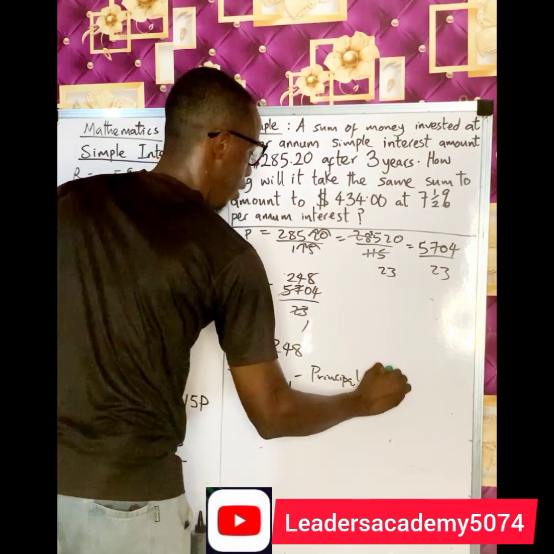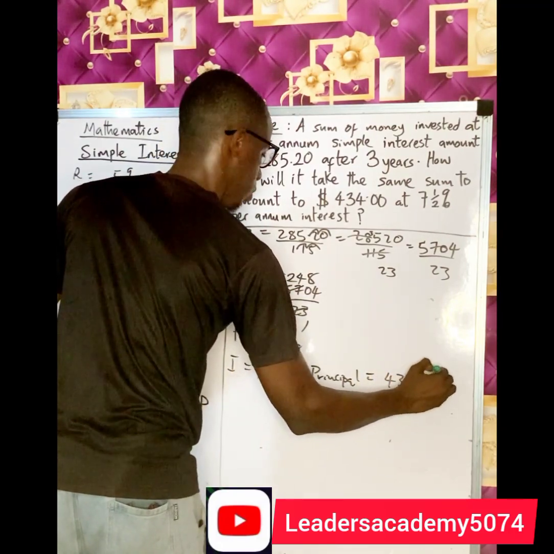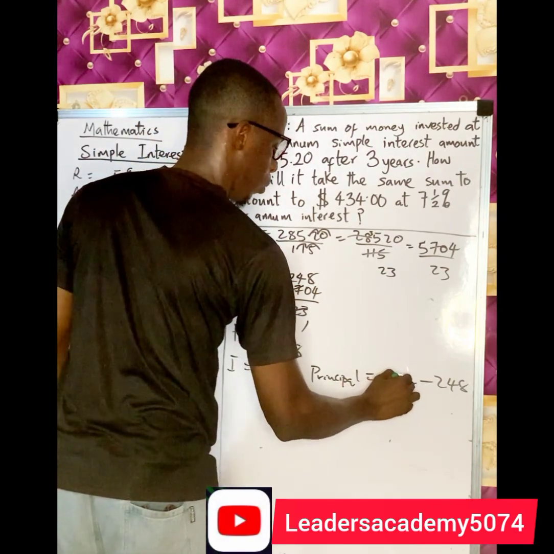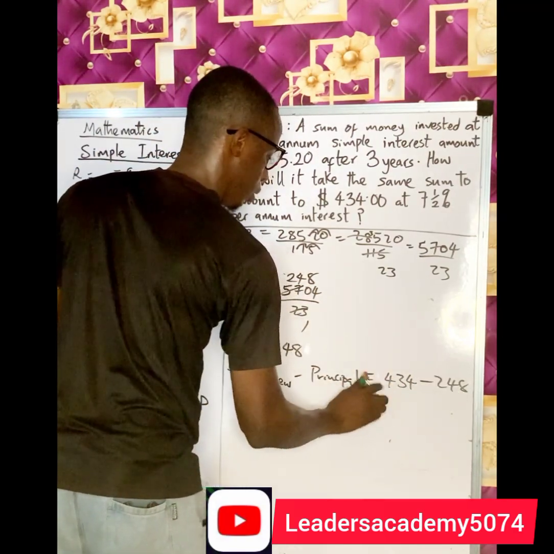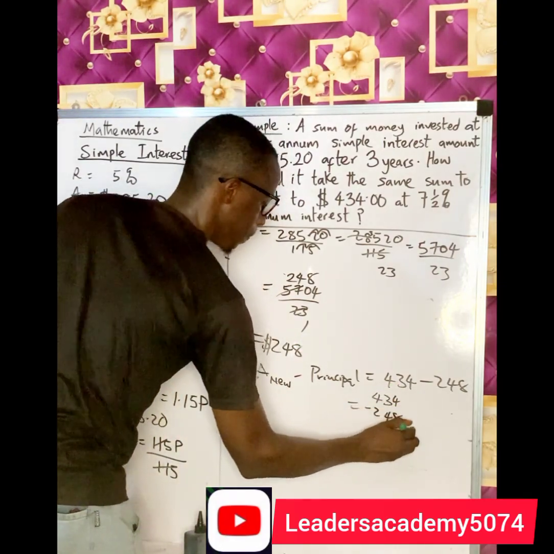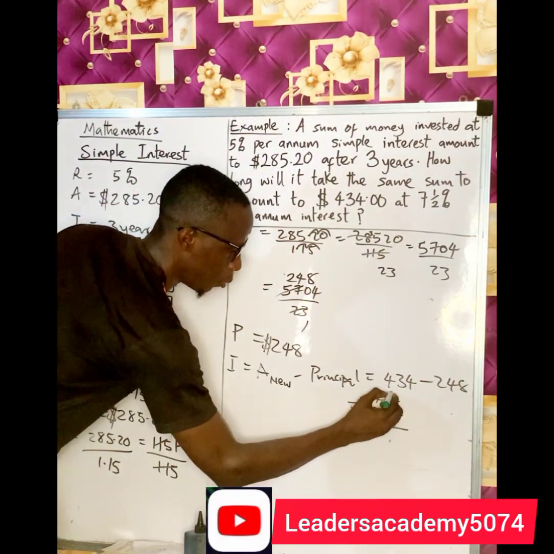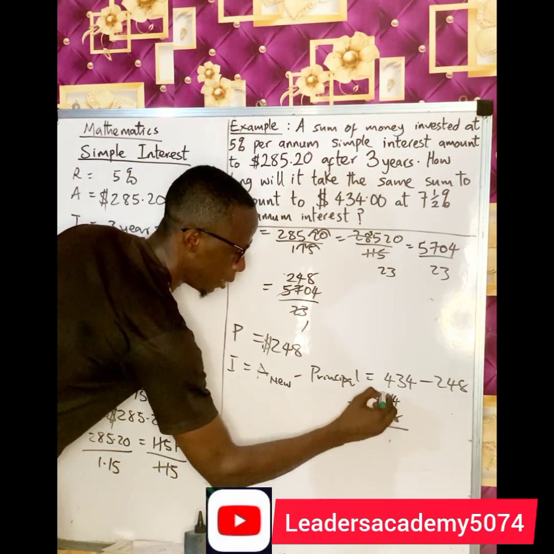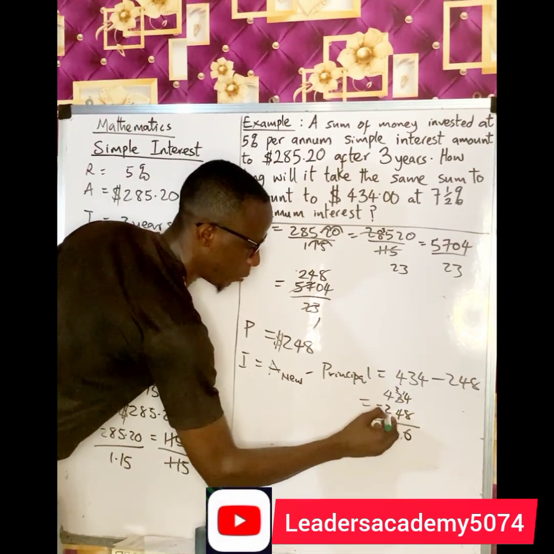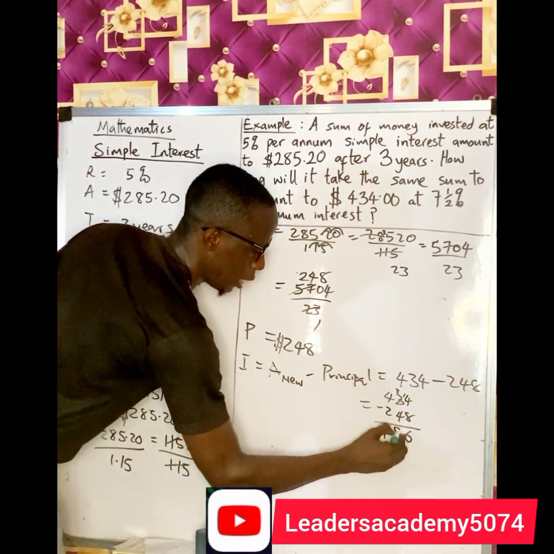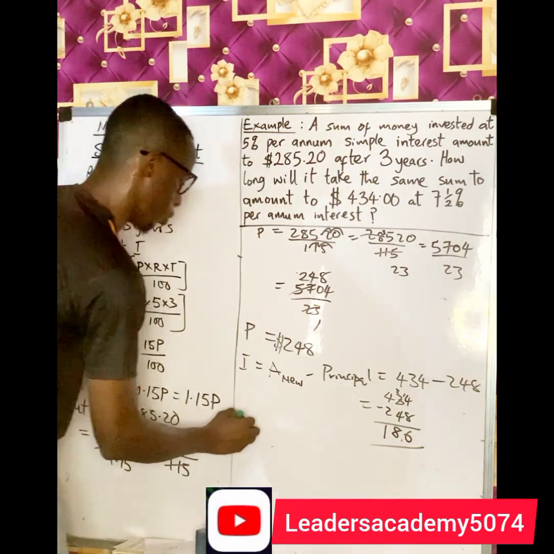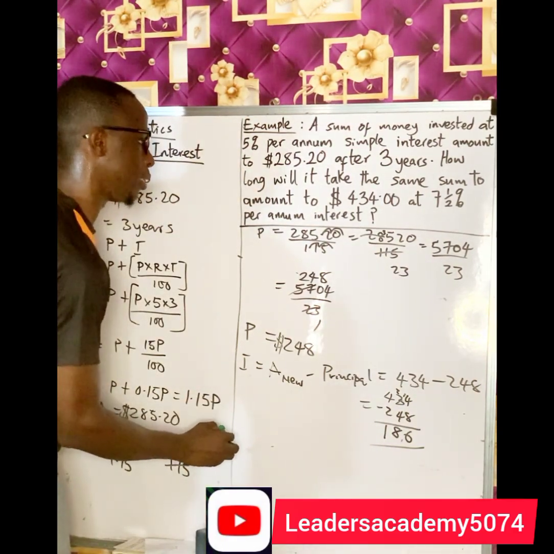That is 434 minus 248. 14 minus 8 is 6, and 2 remaining, 42 minus 24 is 18, so we have 186. So that's our interest. How long will it take?